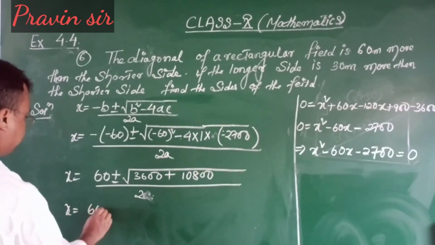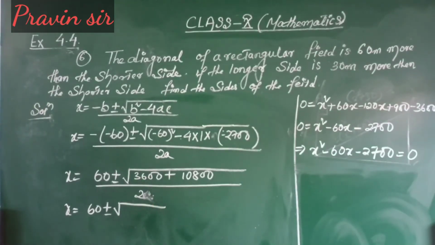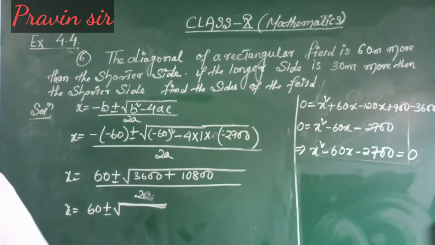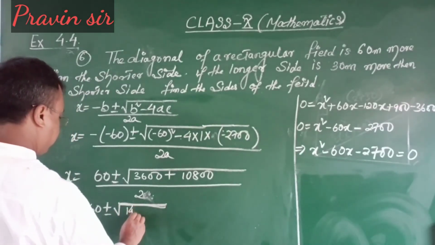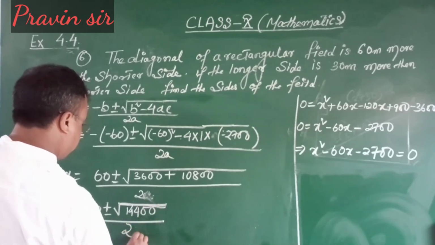So x is equal to 60 plus minus root over, if you add 3600 plus 10,800, we get 14,400, divided by 2.